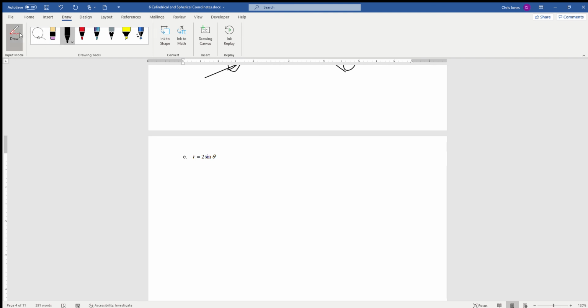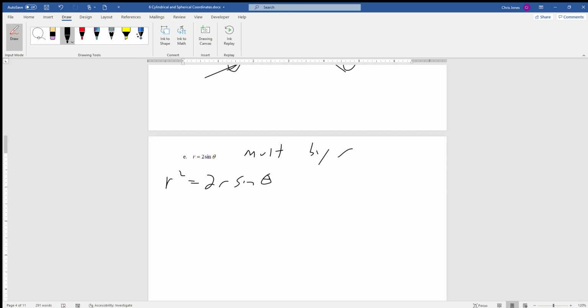Now, one of the things students like to do is square both sides, and that's not a bad idea because you get r squared equals 4 sine squared theta. But a better way is to multiply both sides by r. That's going to give you r squared equals 2r sine theta.